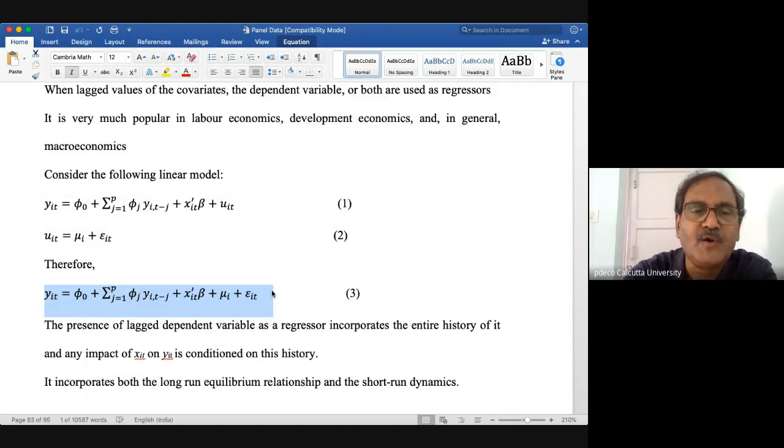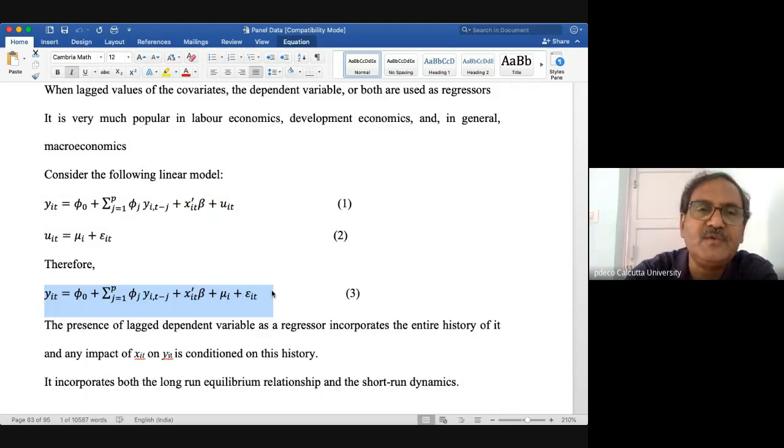Now this kind of model, by incorporating the lag dependent variable and the lagged values of the covariates, is very popular and most useful in macroeconomic modeling. If you want to look at some macro structure, the more appropriate model should be the dynamic panel model.